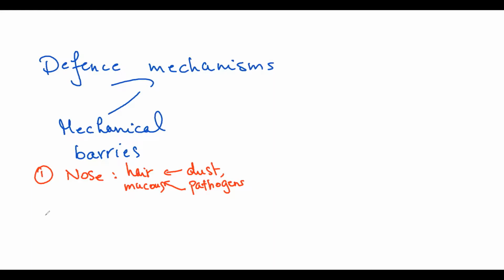The second large mechanical barrier is the skin. Now, why do I say large? Because it covers the whole surface of the body. Here, the skin has an outer layer of dead cells. And these dead cells, although they are dead, have a function because they contain keratin.